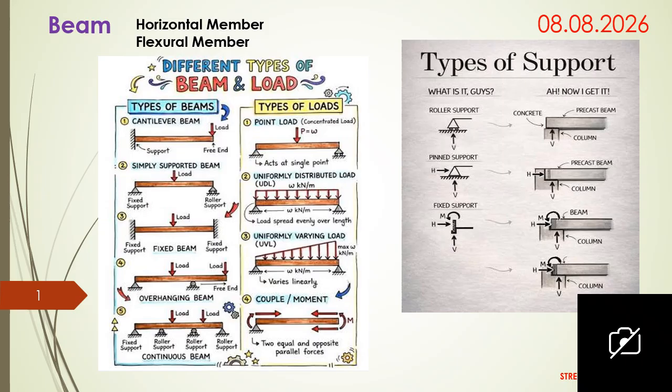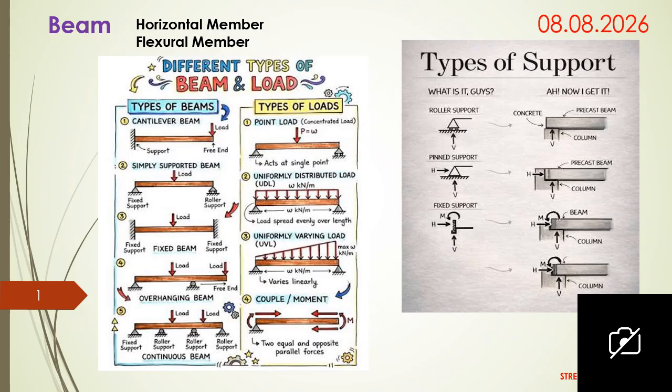You may also know what is meant by action and what is meant by reaction. The action is the external force acting on the beam. The reaction is from the support. A beam is supported at 2 points, or 2 or 3 more points. Whatever the support may be, the support will give resistive force or resistance to the external force. That is called reaction.